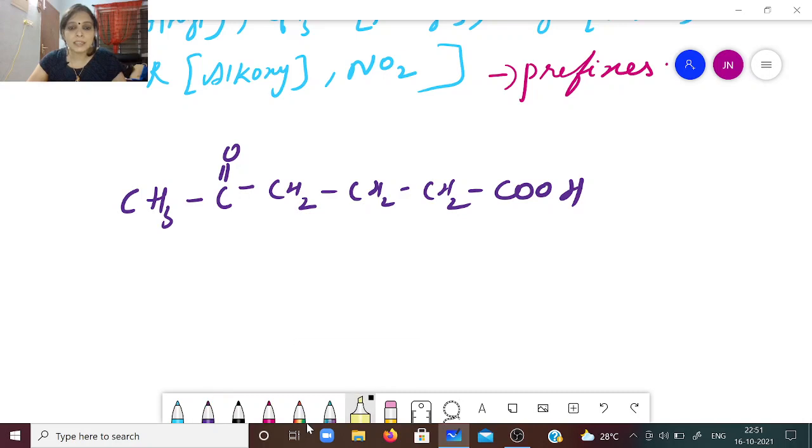Now you can see here two functional groups. One is this, that is ketone, and one is the carboxylic acid functional group.